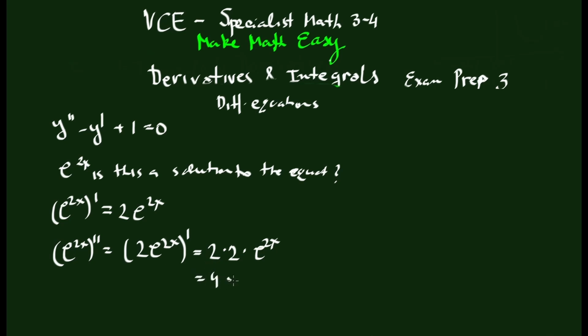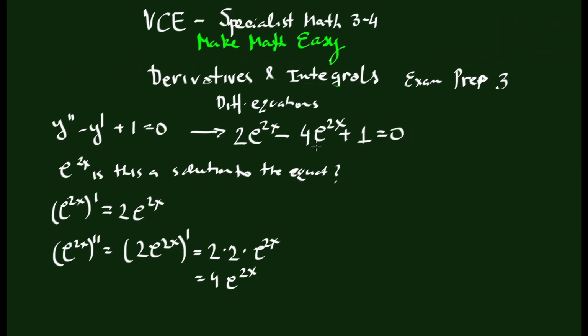So it becomes 4e to the power 2x. If you put that back into the equation, it becomes 2e to the power 2x minus 4e to the power 2x plus 1 equals 0.